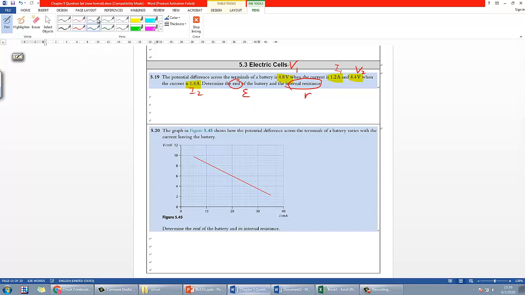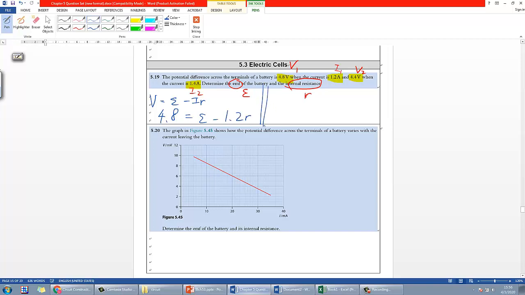What you do afterwards is use the equation V equals epsilon naught minus Ir, and substitute the 2 conditions: V1, I1 into the first equation and V2, I2 into the second equation. So I will write directly: 4.8 equals epsilon naught minus 1.2 small r.